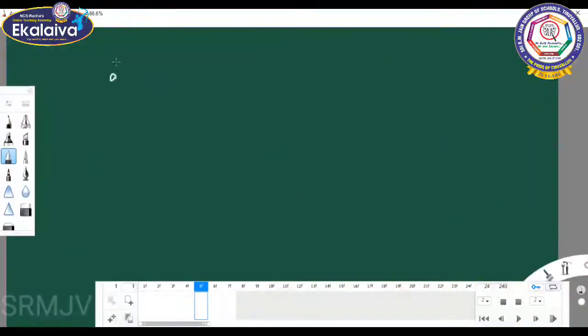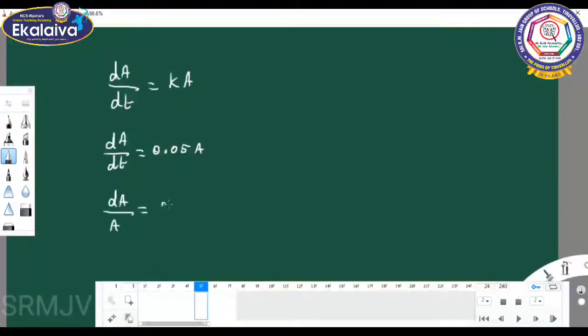By removing the proportionality, dA by dt equals kA, dA by dt equals 0.05 into A. So dA by A equals 0.05 into dt, integrating on both sides.